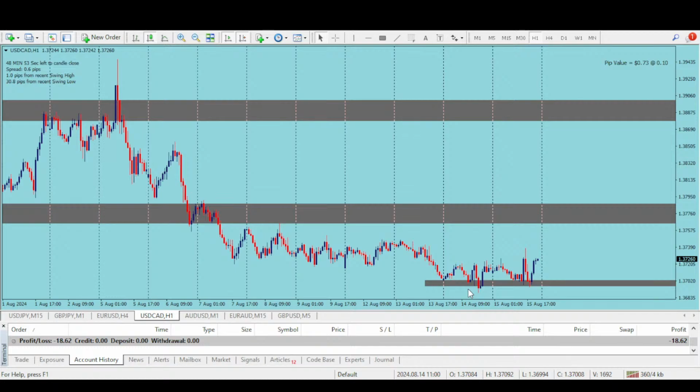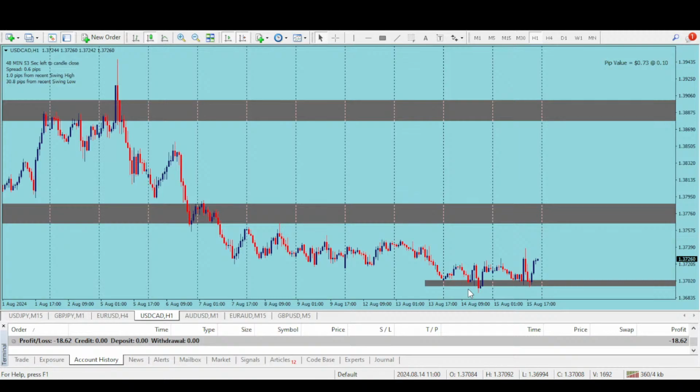Let me zoom in so that you can see very well. It came here, moved up, came down here, but there's nowhere to enter here because there's no good candle, unless you go down to lower time frames. It moved up here again.